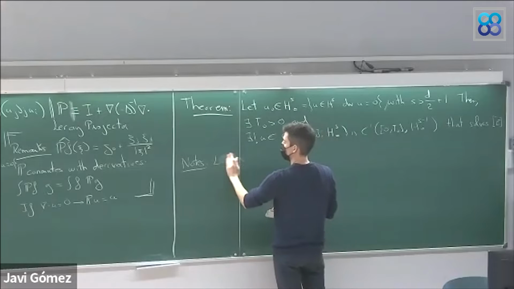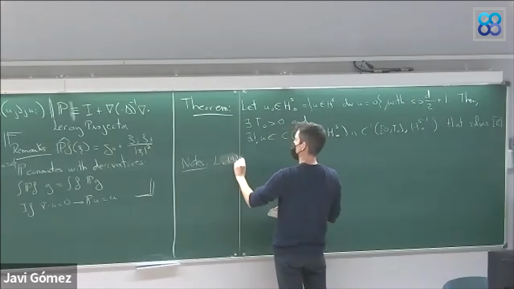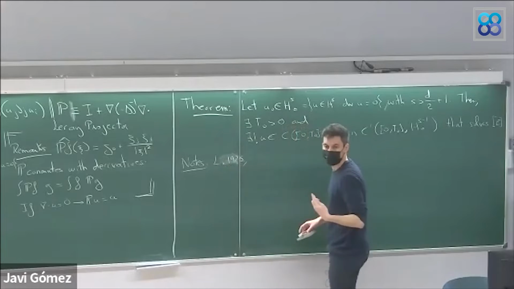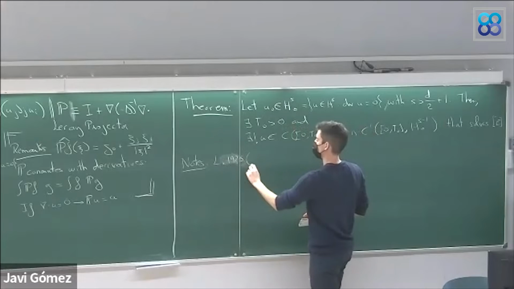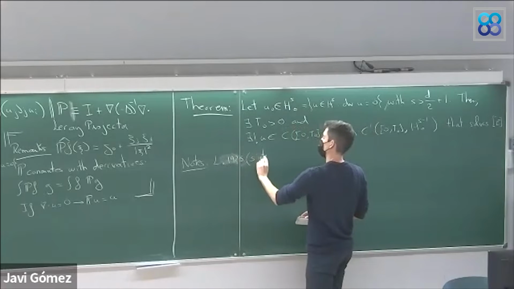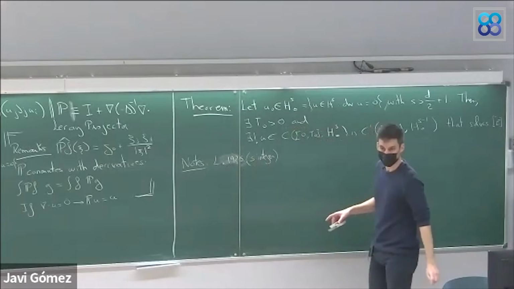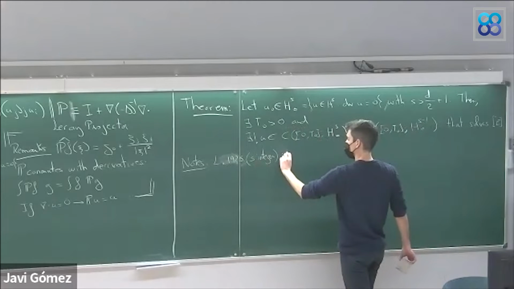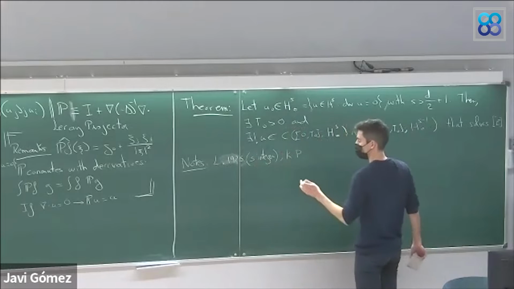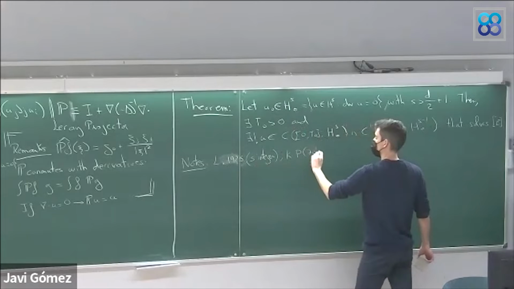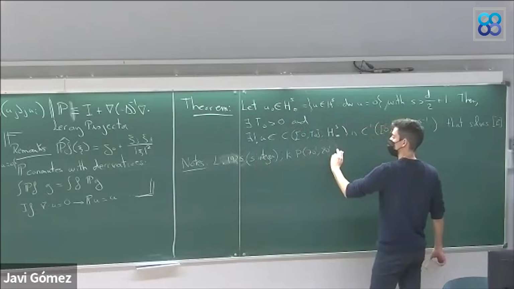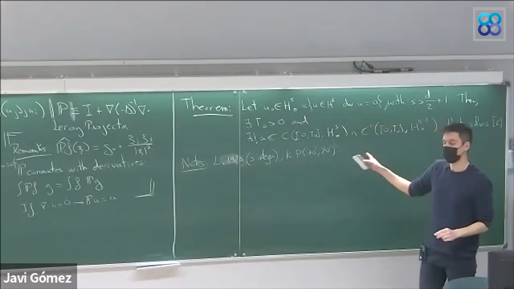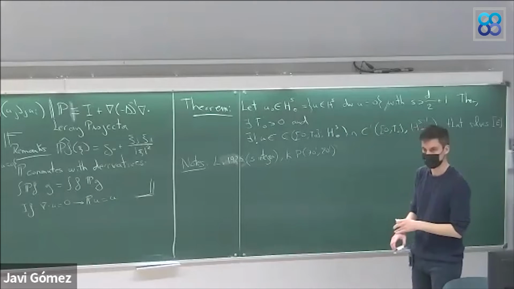I'm just going to write Lee. And then Kato, this is only for an integer number of derivatives. Then Kato and Ponce in the 70s and 80s. And there are many other variations, as I say, in bounded domains and different conditions.